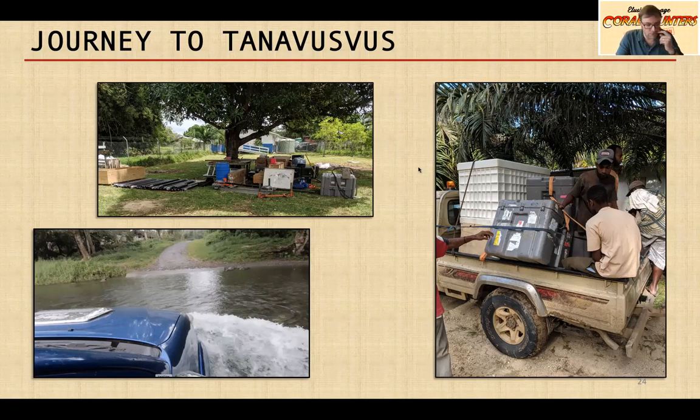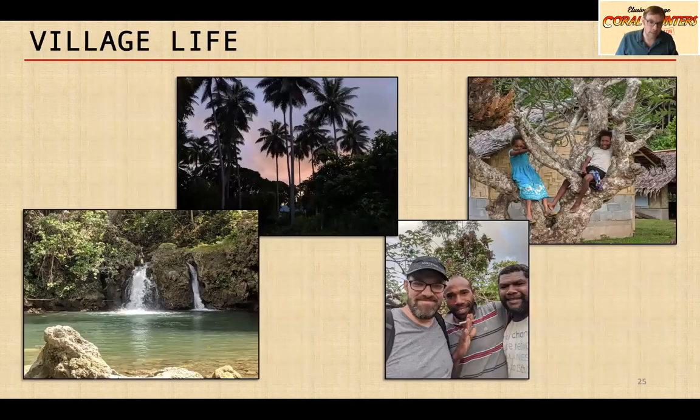So I'm going to break from the work aspect of the expedition at this point just to convey how amazing this place really is. Vanuatu is known for its waterfalls and its sunsets and just about everything else you see geographically and geologically. And the people of Tanabusfus are always smiling.